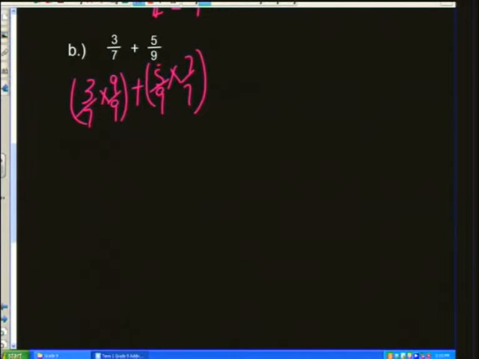What we have done here is multiply by 1 and multiply by 1, because 9 over 9 is 1 and 7 over 7 is 1.